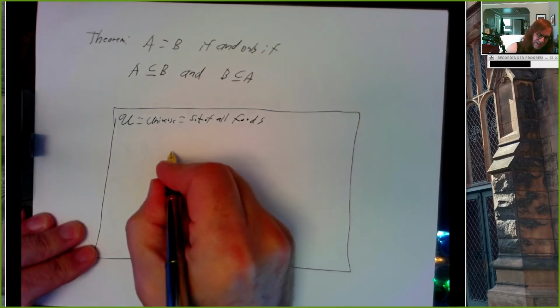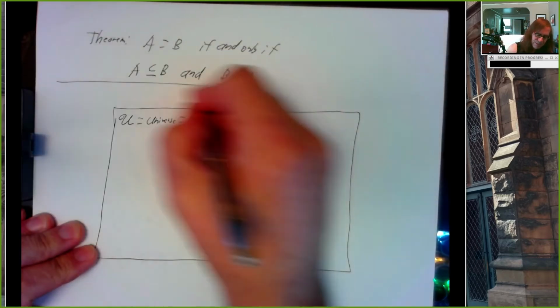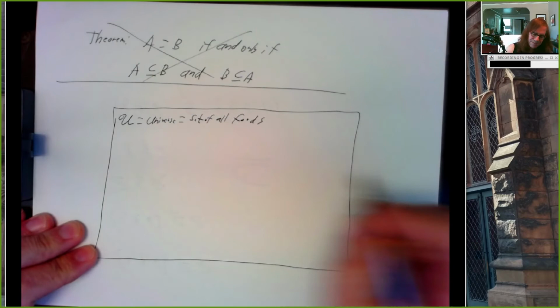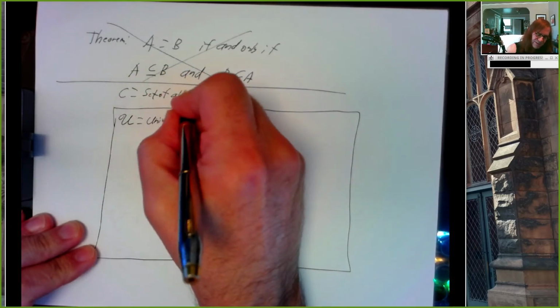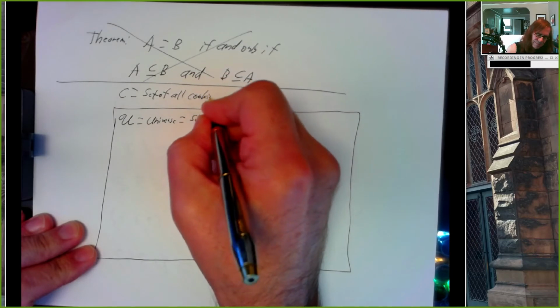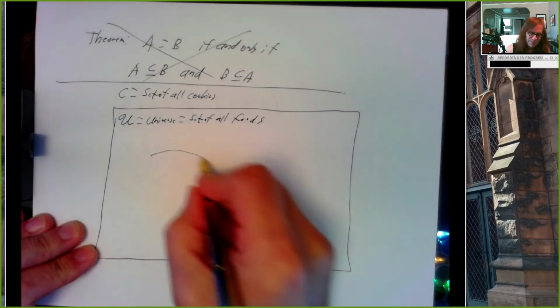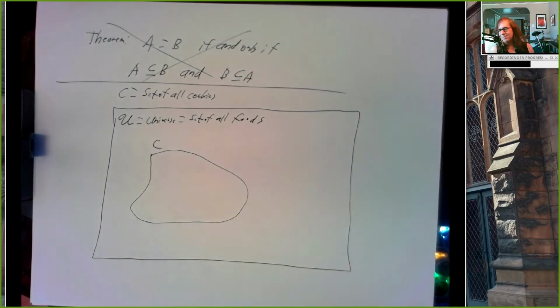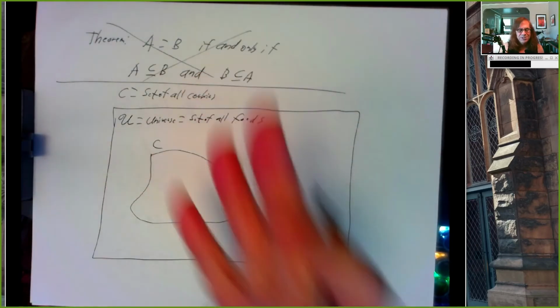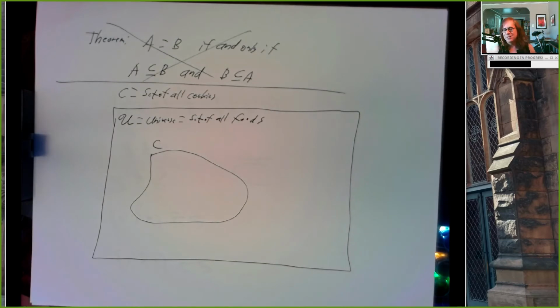And so I could make a set C. So this is separate from this. Let C equal the set of all cookies. And this might look something like this. So I'll draw a closed shape, something roughly like a circle, to represent this set C. That's the set of cookies.